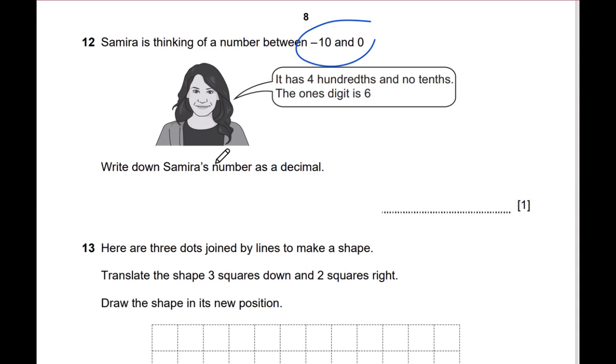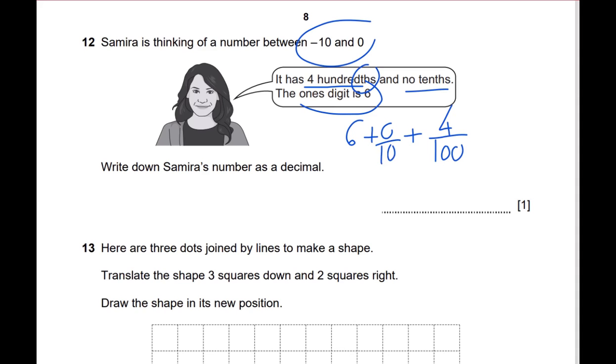Alright, if you need some more time, you may pause this video. Let's start with this question. So the ones digit is 6, and then 4 hundredths means 4/100. And no tenths means the tenths digit is 0.